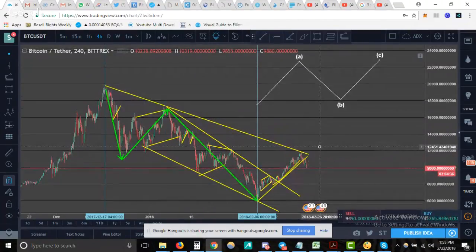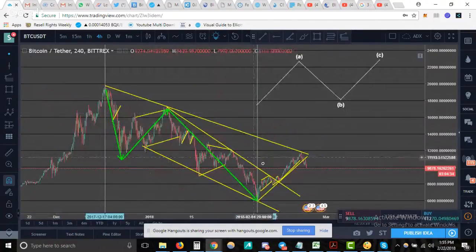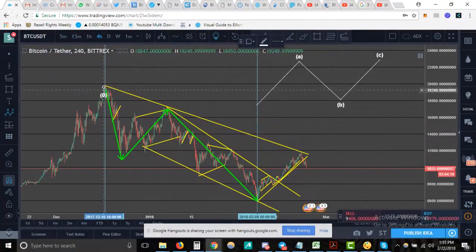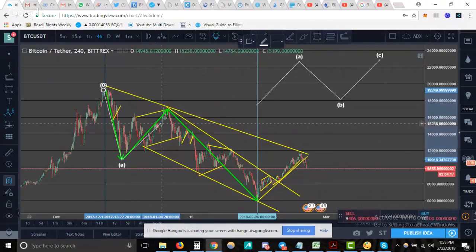It's based on what goes on. From here you can see this is a zigzag pattern, and let me label it for some of you who might not know how. You just click on ABC. So you put this is your A here, this is your B here, and this is your C here.